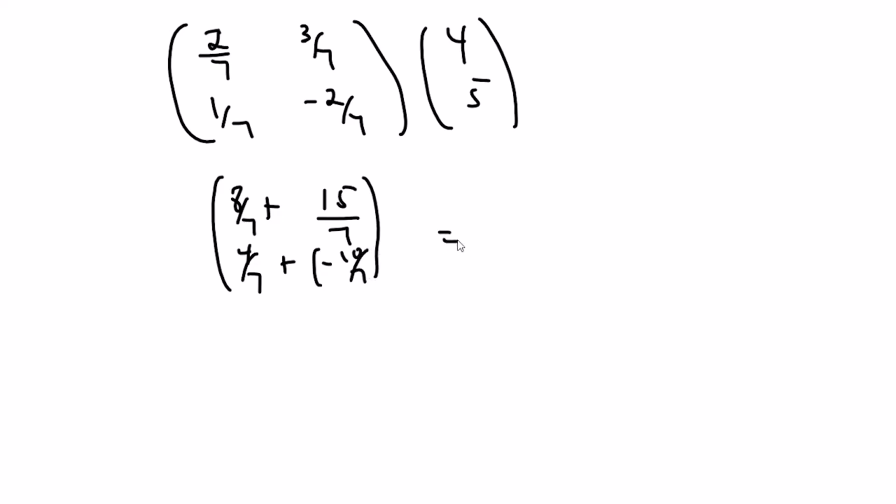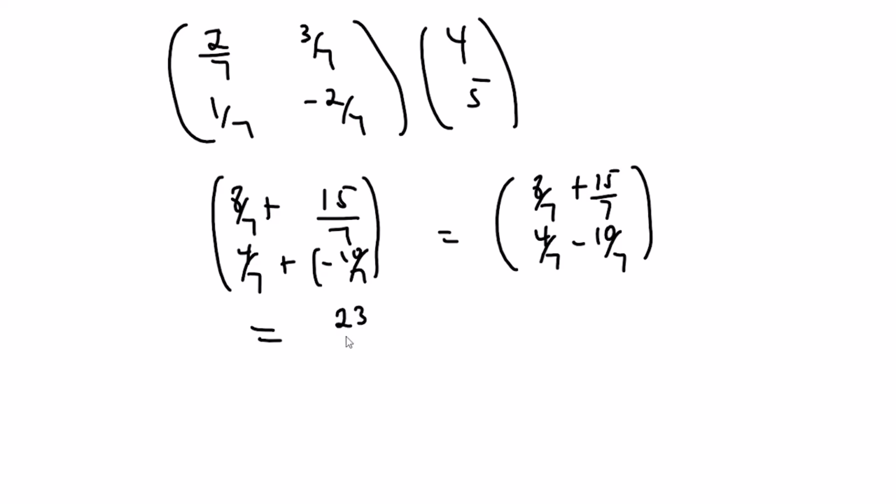So this is supposed to be 8 on 7 plus 15 on 7. We have 4 on 7 minus 10 on 7. Now the first part will give us 23 on 7, then we have -6 on 7.